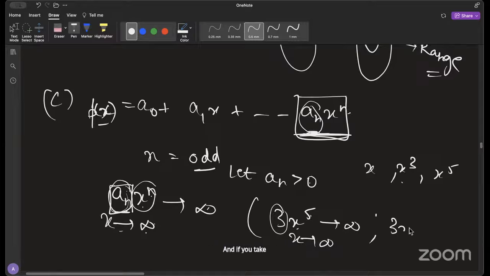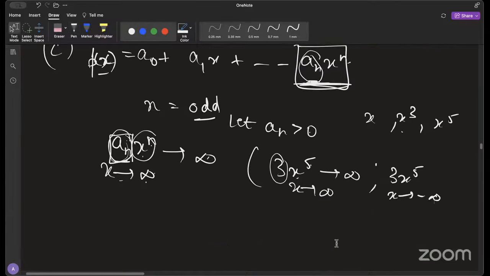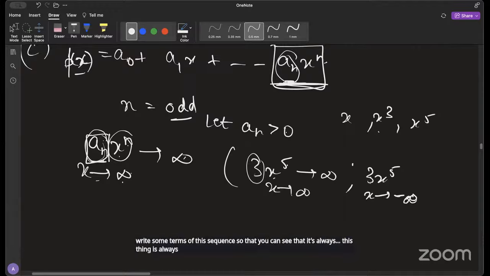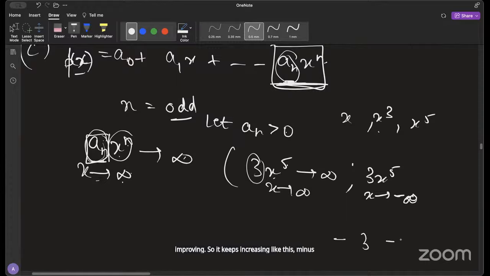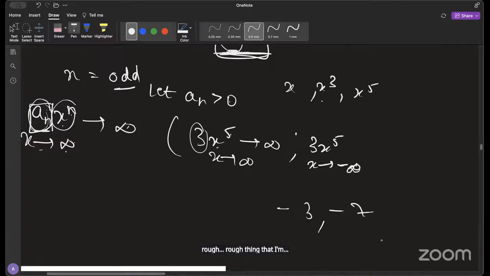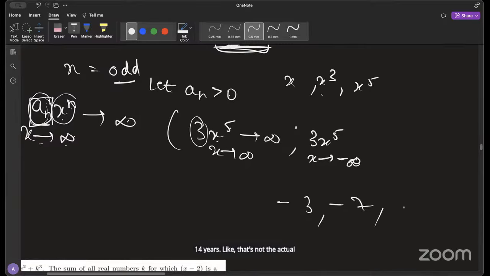And if you take 3x to the power 5 as x tends to minus infinity, 3 is positive, that's fine, but x to the power 5 as x goes to minus infinity is always negative and keeps decreasing. Let me write some terms so you can see: -1, -3, then -7, -20, keeps going on like this.